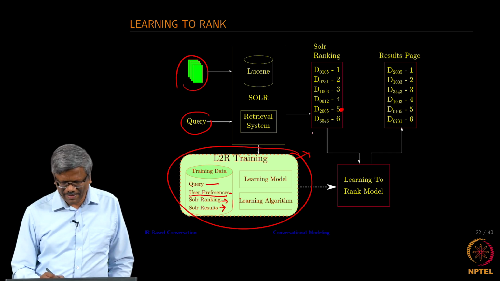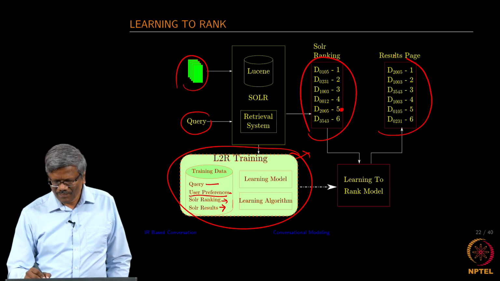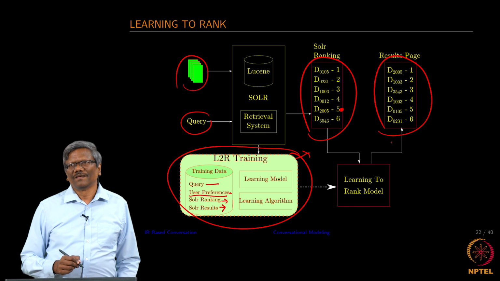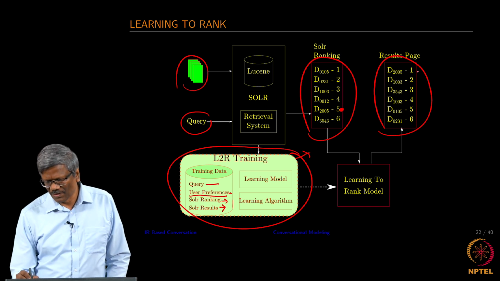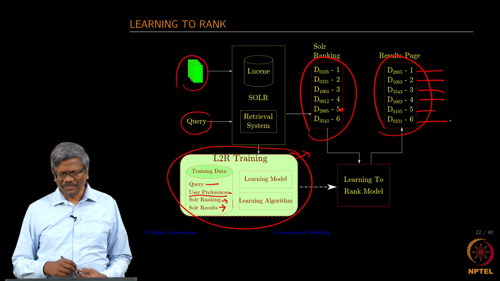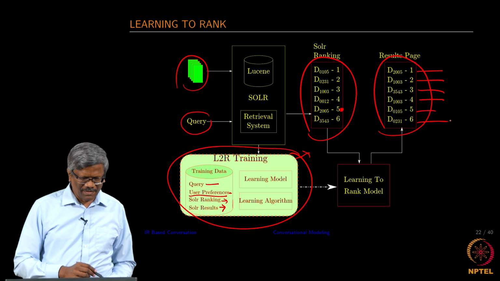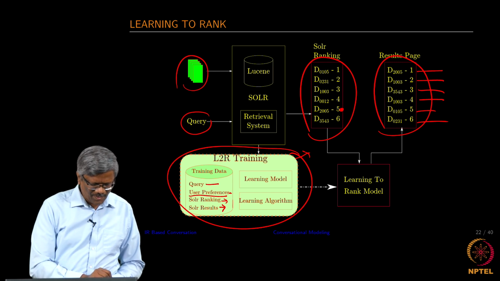So, the user later will not see this rank and start seeing this rank, the documents are ordered in this fashion. Okay. So, this is at a very high level what learning to rank is.